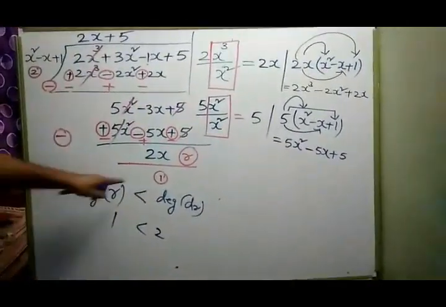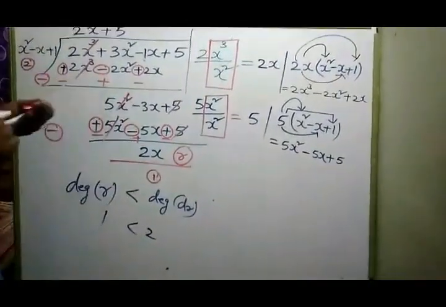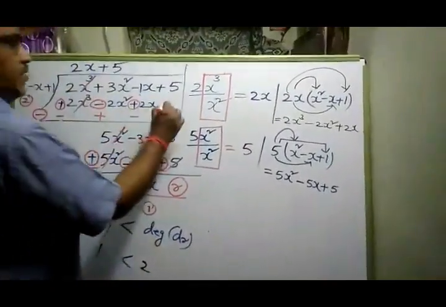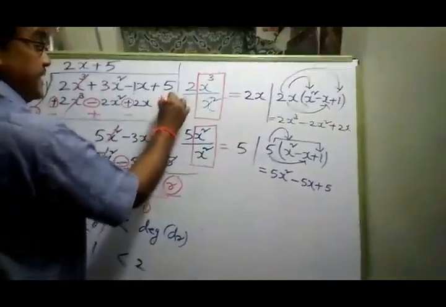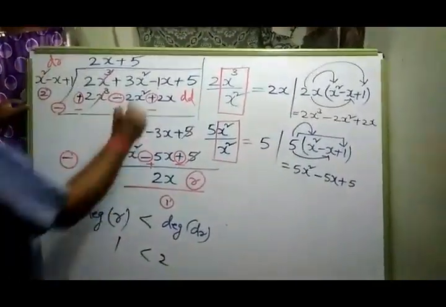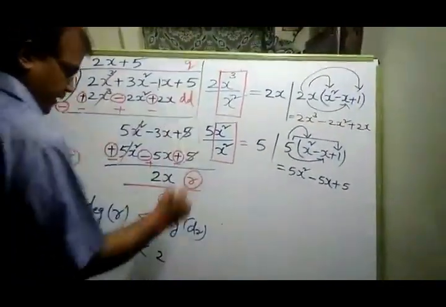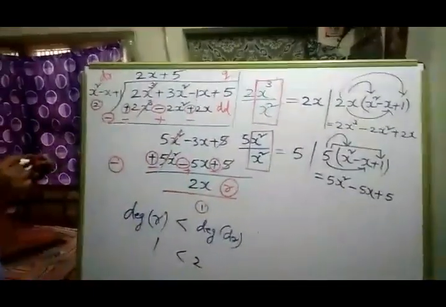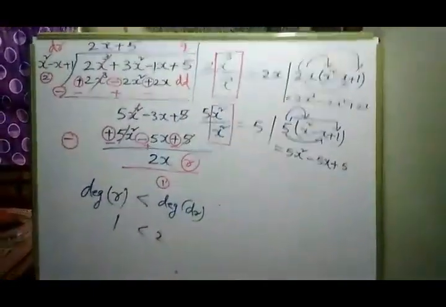So the most important point I said already. Now actually this terminology is very important. Many times I said this is dividend, this is divisor, this is quotient, this is remainder. So if you want we can give names.